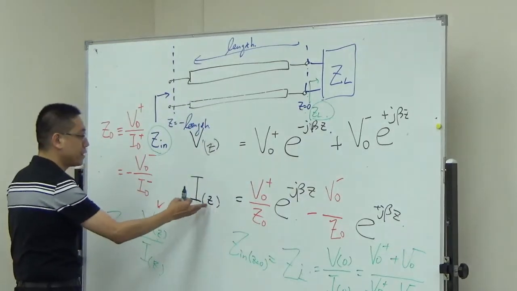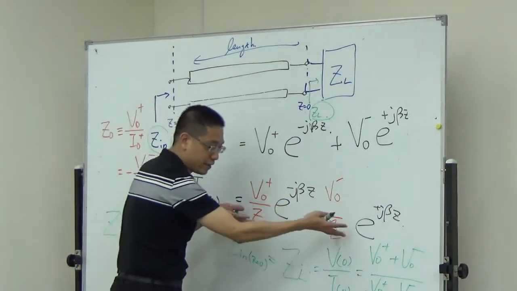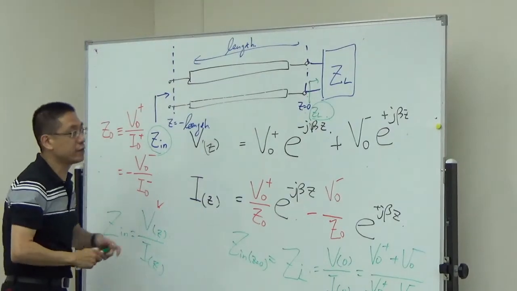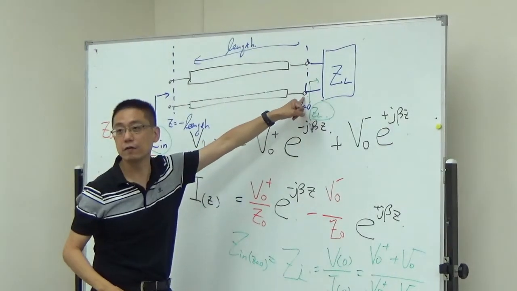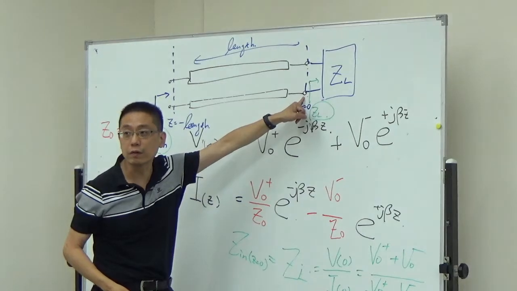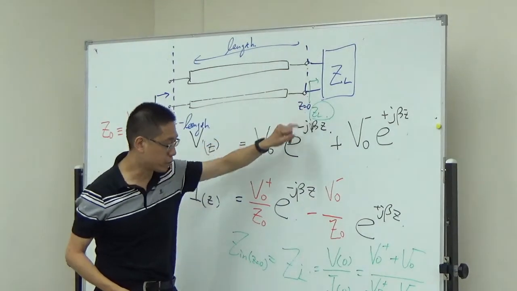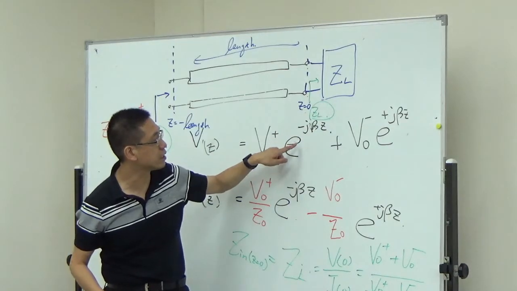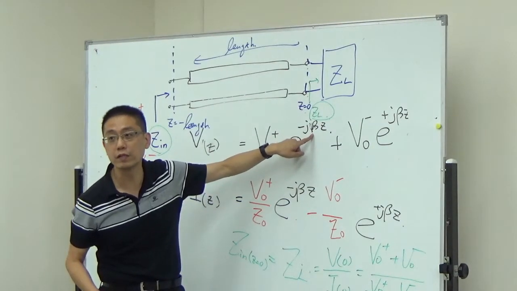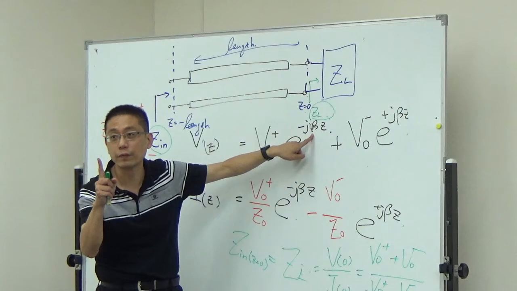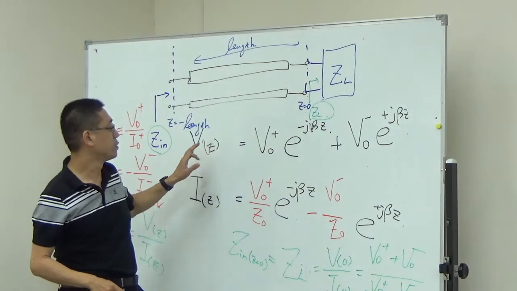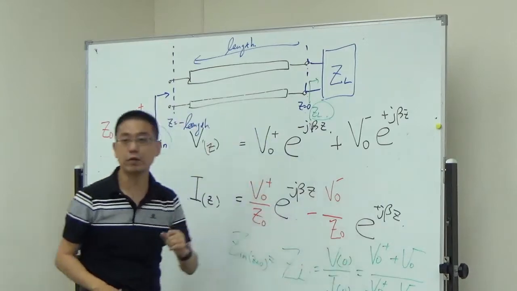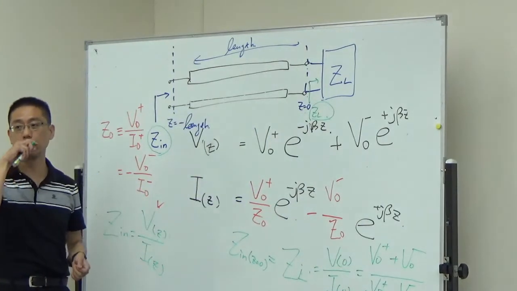For I(z) it is exactly this equation. Okay? But this is a special case for z equals 0. For z equals 0, you just directly put in, because exponential to the power 0 equals 1, right? So you can simplify ZL to this equation.